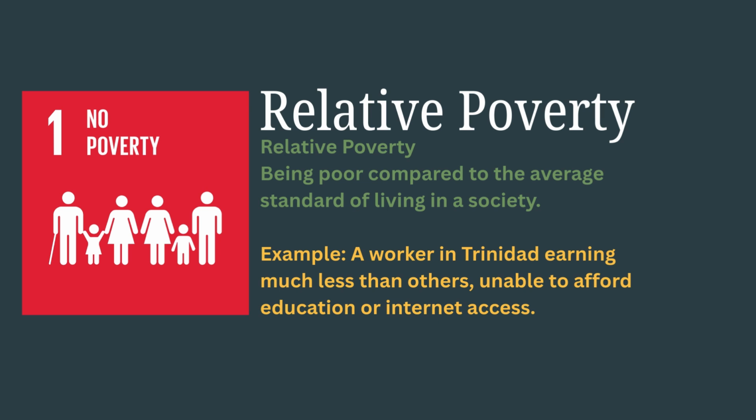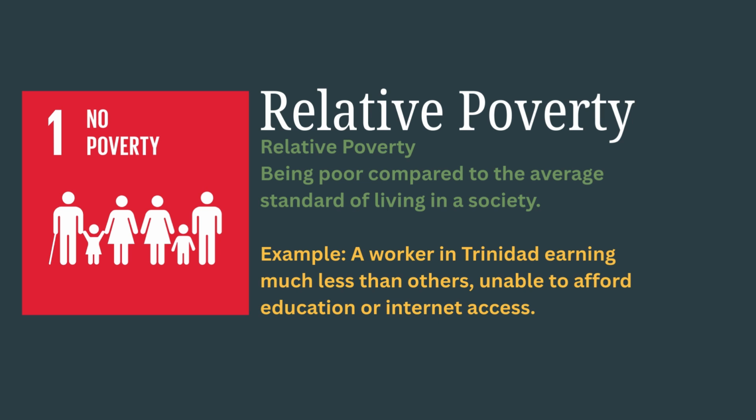So, what this one concerns is you are able to meet your basic needs, but when you look at the standard of living, having a relatively comfortable home, having a relatively comfortable amount of access to your basic needs, you consider yourself not well off, and as such, you are relatively poor.